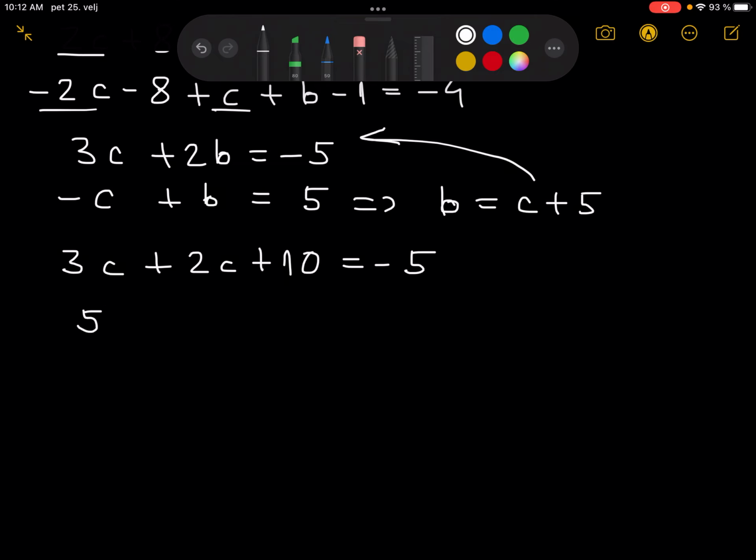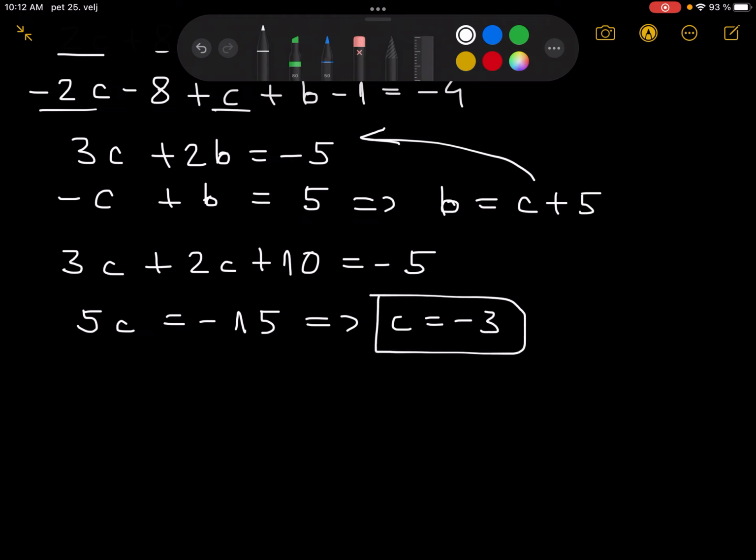So 5c is equal to negative 15. So from here, c must be equal to negative 3. Okay, that's one of our coefficients.